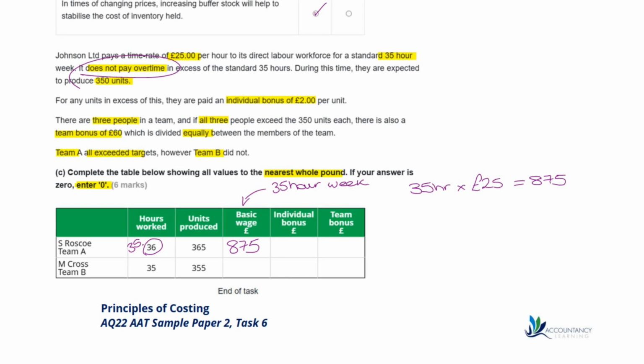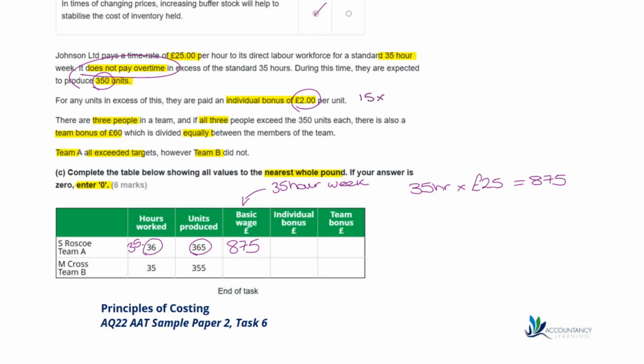Individual bonus, so we can see here that S. Roscoe has produced 365. They have to hit 350, and over that there's a £2 per unit bonus. So S. Roscoe is 15 units ahead of target.